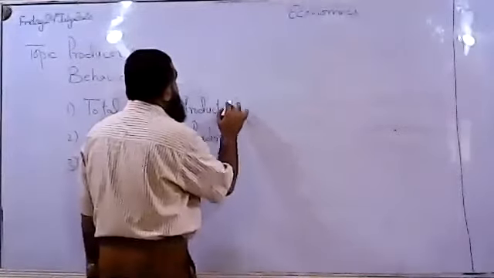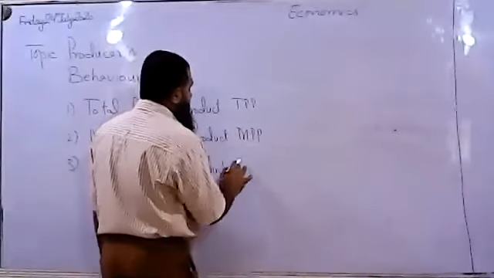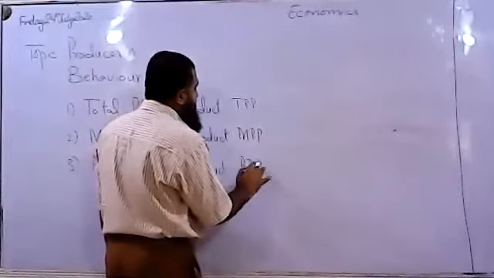So we say this is total physical product, this is marginal physical product, and this is average physical product.